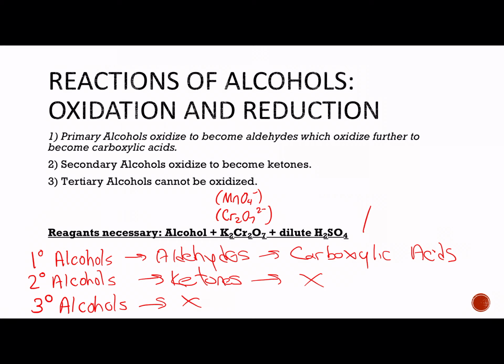What I accidentally left out in this PowerPoint is the condition. The condition is also to heat under reflux. So a lot of times whenever we're working with organic molecules, we need to heat under reflux.